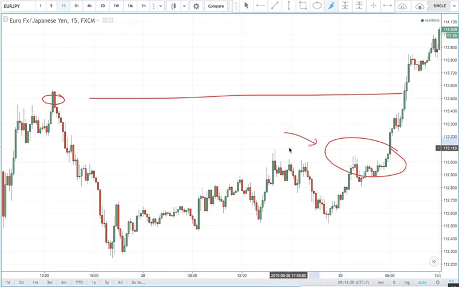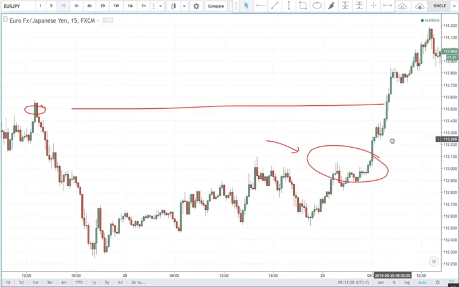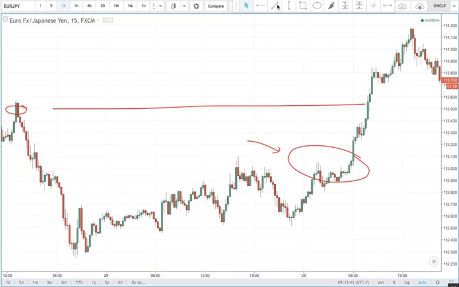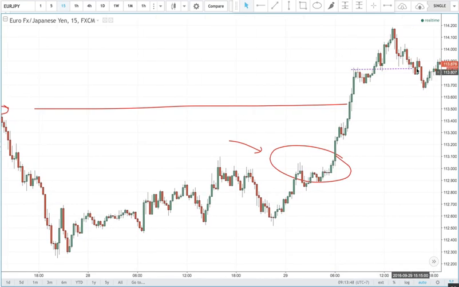Now here's the difference that you're going to see between support and resistance, and understanding the difference between buyers and sellers. As the market starts to pull back, the average person will look at this area and say, that's my support equals resistance. And once that breaches, it's like, oh, I should prepare for my sells.